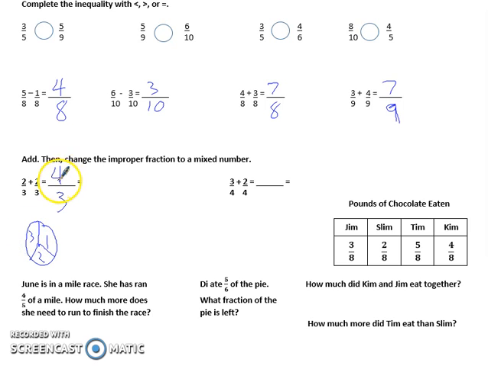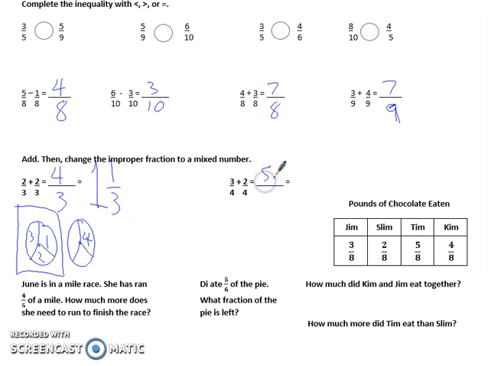I didn't get them all the pieces in because there are 4/3. So I need another one cut into thirds. And there's a fourth one. I cut in thirds because that's what the denominator told me to do. Now I have one whole pie right there, and this has 1 out of 1, 2, 3. So it's 1 1/3.